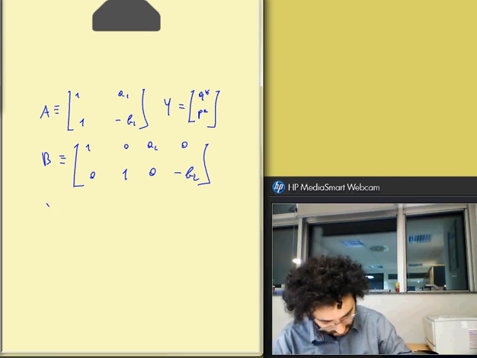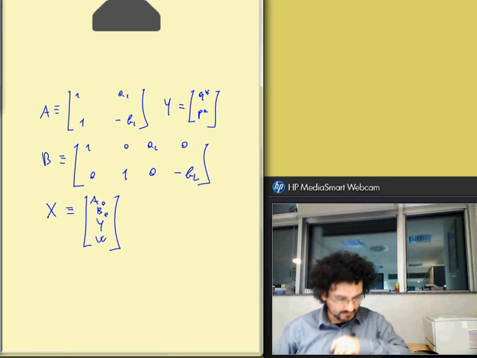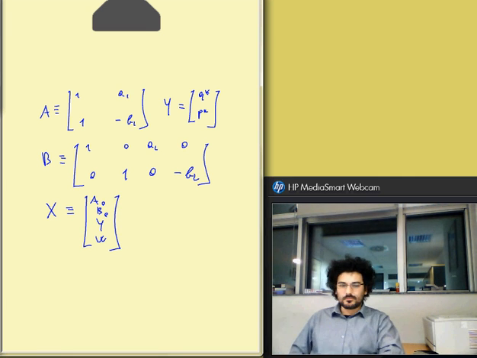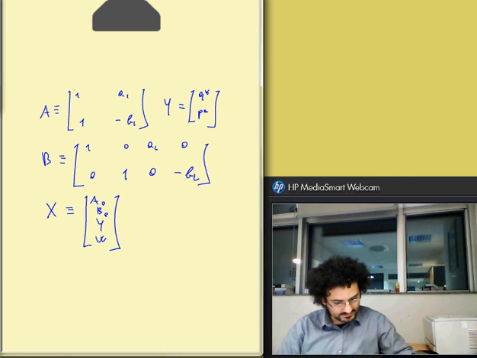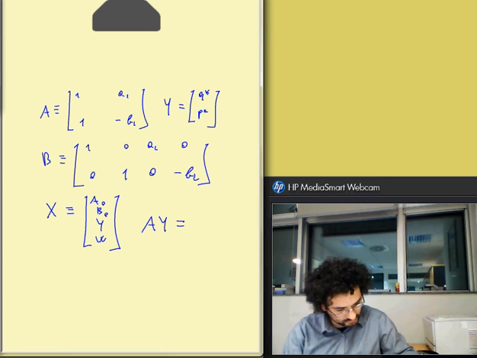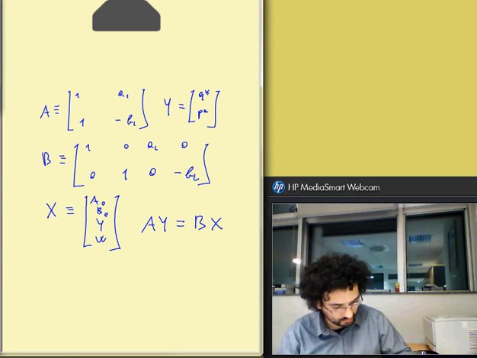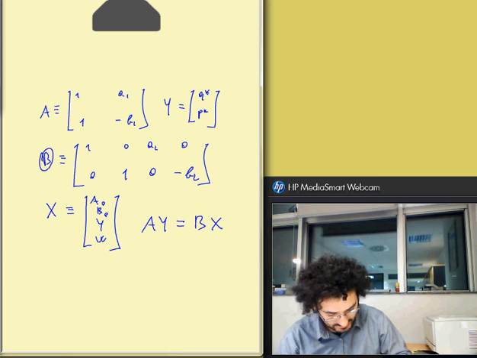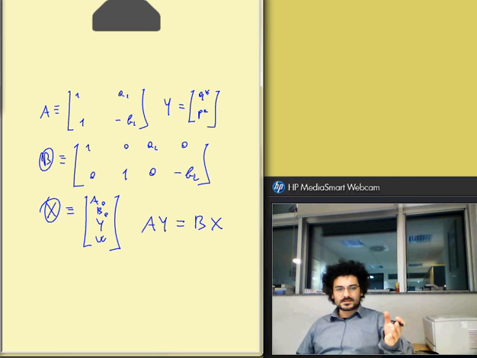The exogenous variable is the vector X given by A0, B0, Y, and W. We can write in a more compact form our system as AY equal to BX, because if we multiply B times X, we get the right hand side of the system.